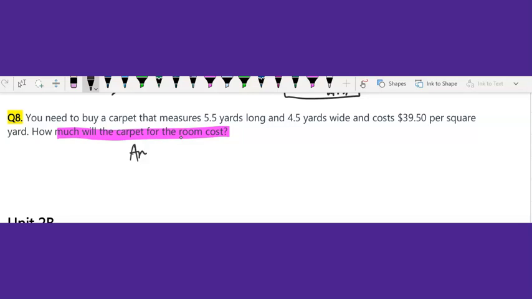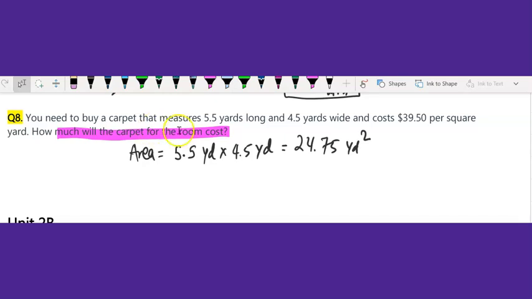So you have to find the area. Since this is a rectangular carpet, the area is going to be length times width, 5.5 yards times 4.5 yards. If you multiply, it gives you 24.75 square yards. That much area you want to put carpet on.